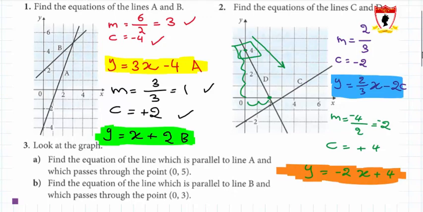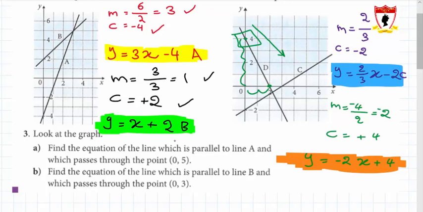Look, how can we deal with this? Because the line that we want to find the equation of is parallel to line A, it means it has the exact same gradient as line A. The gradient of line A is 3. This is question 3a.